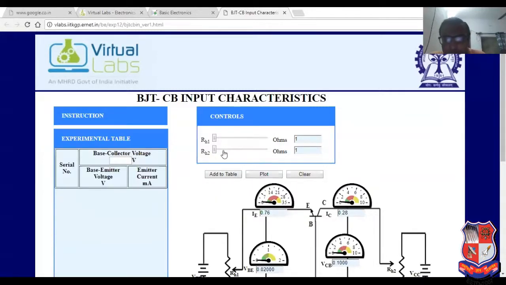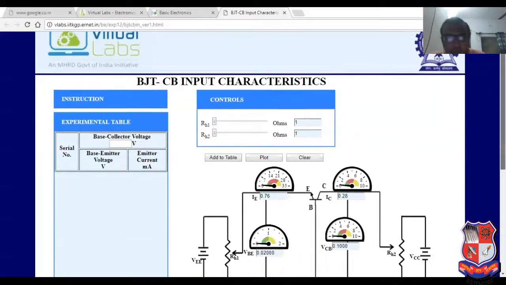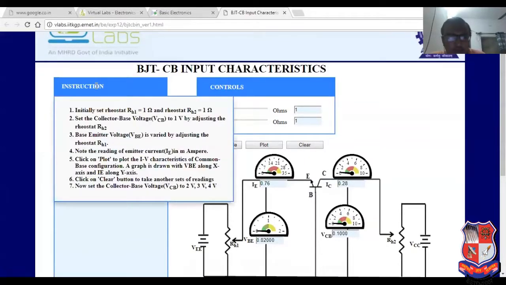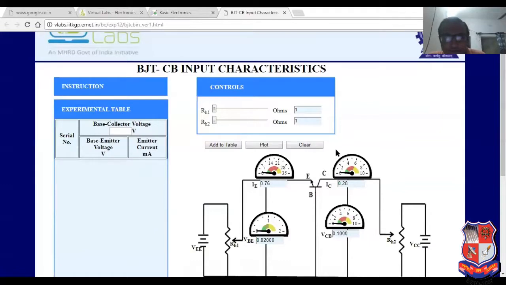Now read the instruction and do based on that. Don't do anything else. VCB to 1 volt means what? Output equal to constant.